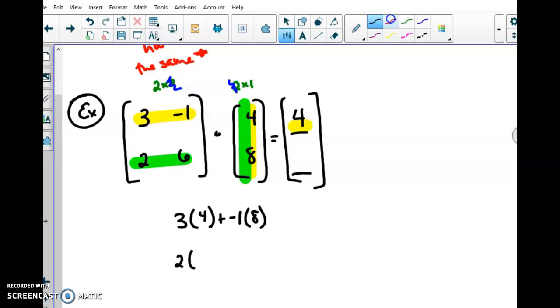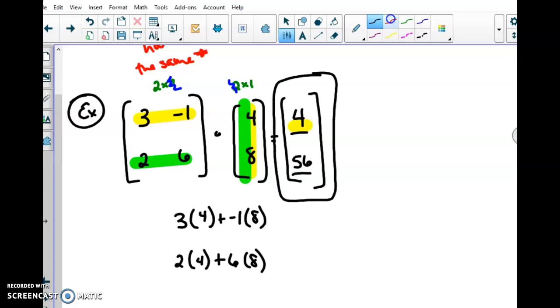So I have 2 times 4 plus 6 times 8. 2 times 4 gives me 8. 6 times 8 gives me 48. And that right here would be our end result for matrix multiplication.